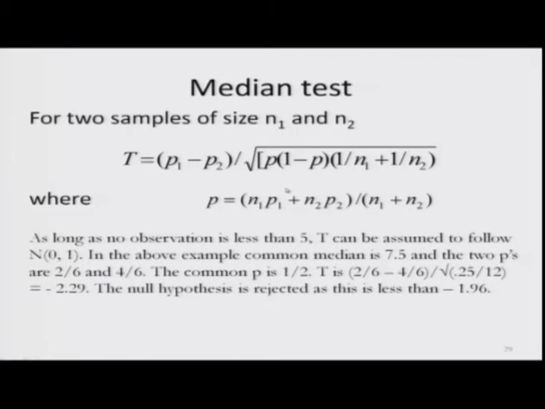We expect that if two groups are similar, then the proportion of cases above the median of the pooled data should be the same in both the cases. This logic is part of non-parametric, and for large samples, if no observation is less than 5, this t follows a normal distribution. That is the second part.